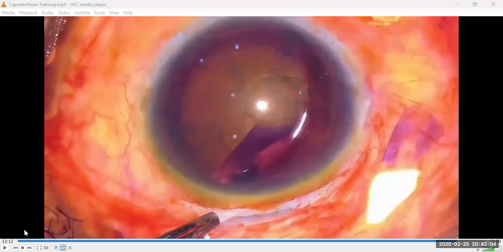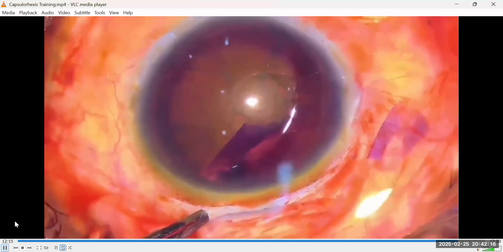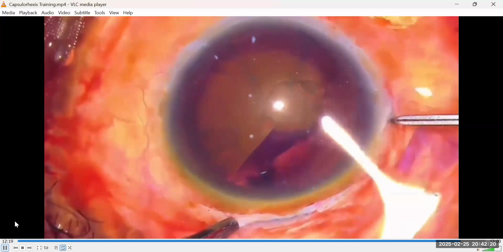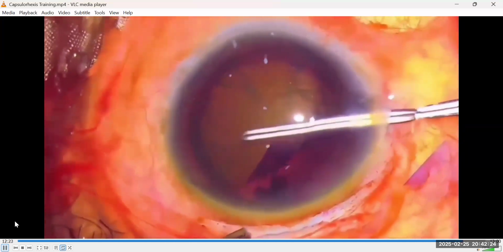Let me see what I did. Hope I'm not lying to all of you here. But to the best of my knowledge, at this point, watching this video, I would say the surgeon should do centripetal. Pull it toward the light reflex, across it to the opposite clock hour. Let me see what I did.